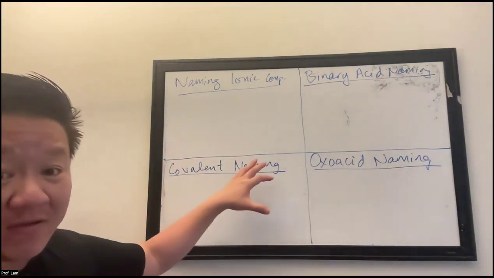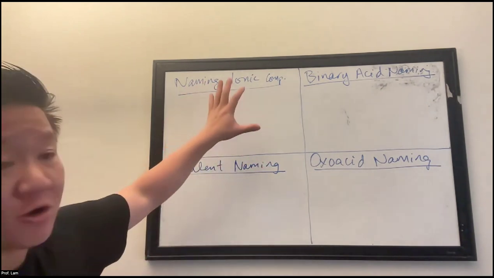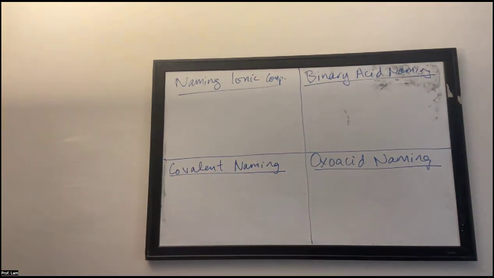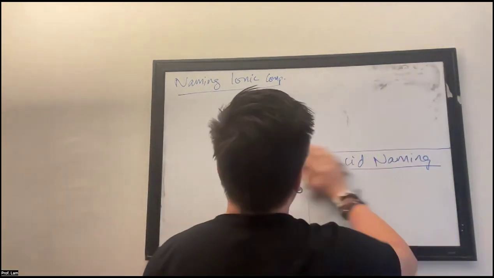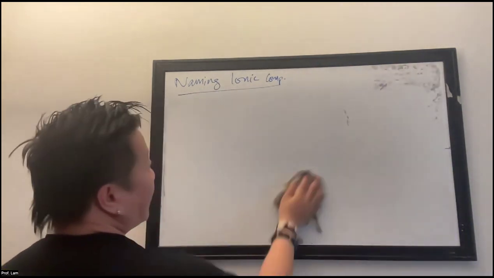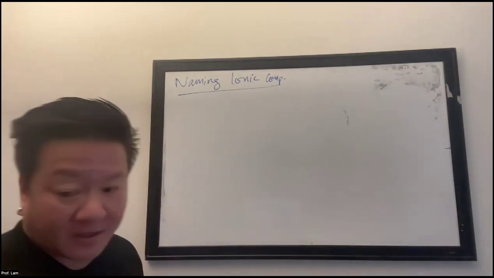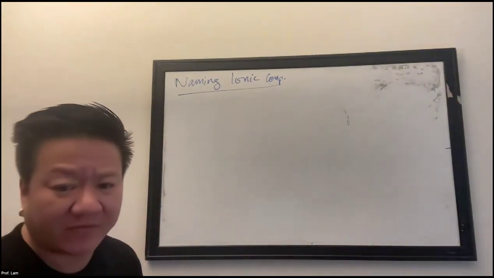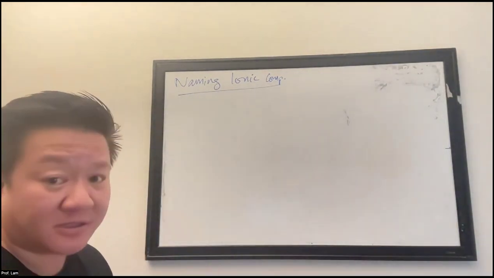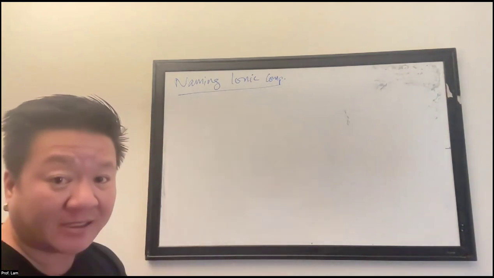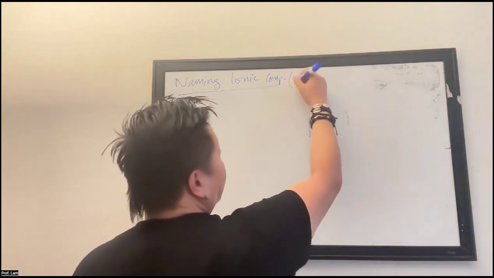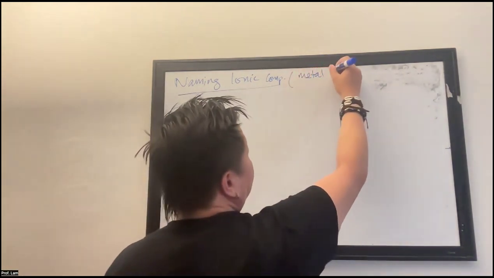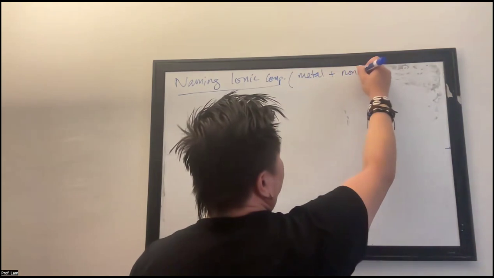And now since I don't have room, I'm going to go through each one of these quadrants at a time on the board. Okay, so the first quadrant, we're going to name ionic compounds. And first, we have to know how to spot ionic compounds, otherwise we won't be able to name it, right? So you guys already know that an ionic compound is between a metal and non-metal, right?